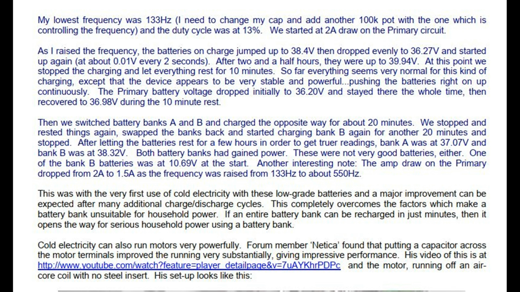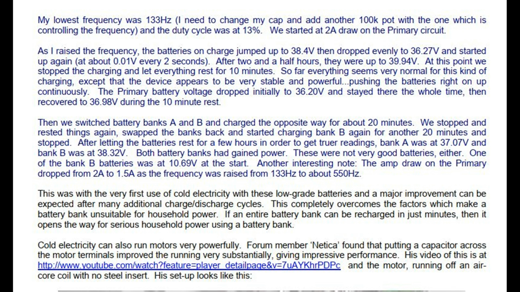Then we switched battery banks A and B and charged the opposite way for about 20 minutes. We stopped and rested things again, swapped the banks back and started charging bank B again for another 20 minutes and stopped. After letting the batteries rest for a few hours in order to get truer readings, bank A was at 37.07V and bank B was at 38.32V.